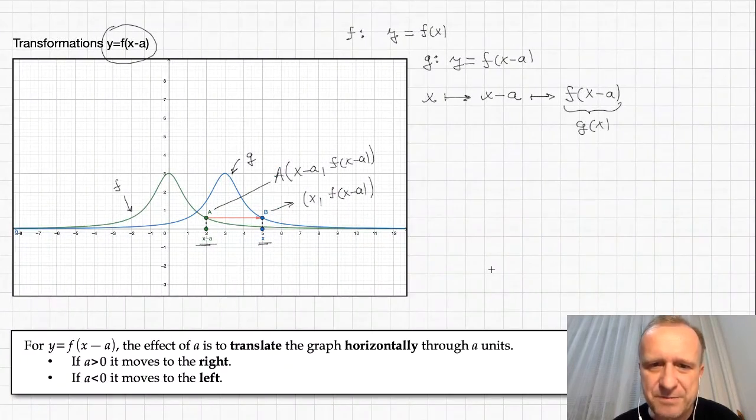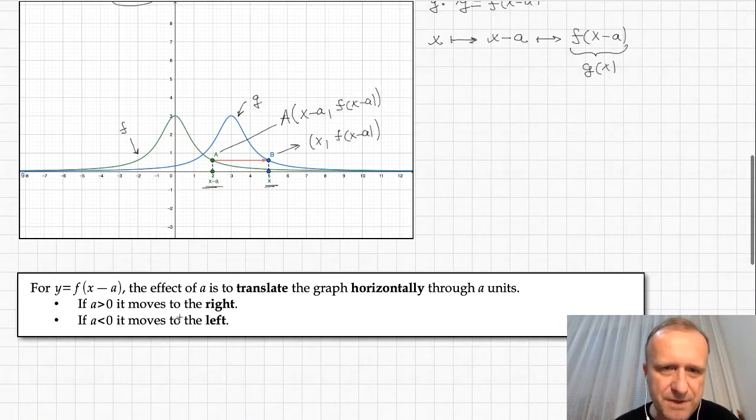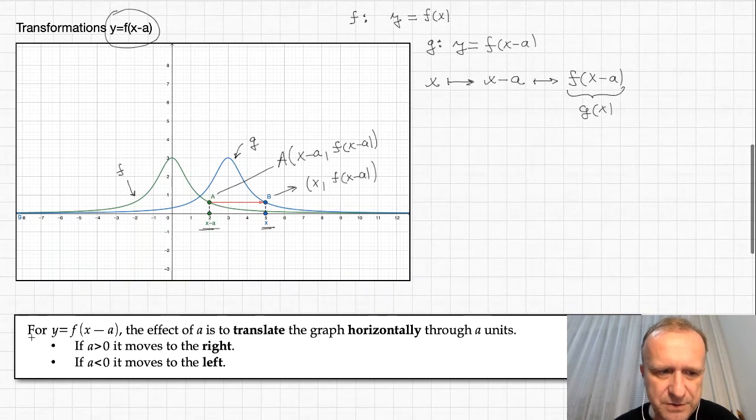Now this can be summarized again, of course, and this is a familiar thing to you. For y equals f of x minus a, the effect of a is to translate the graph horizontally. So this translates the graph horizontally through a units. If a is positive, it moves to the right, and if a is negative, it moves to the left.